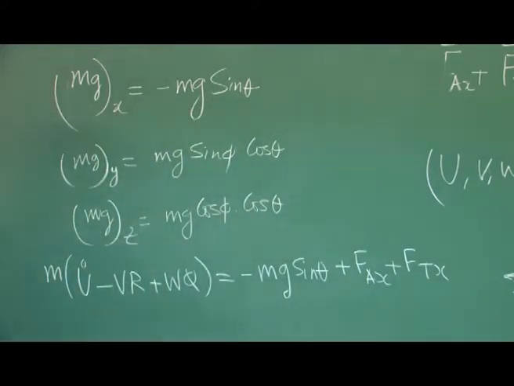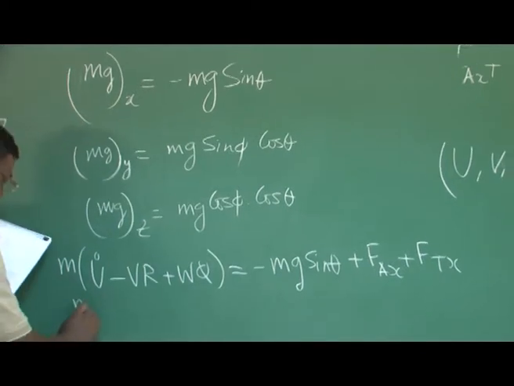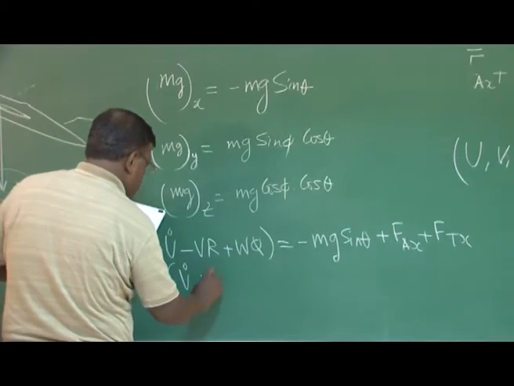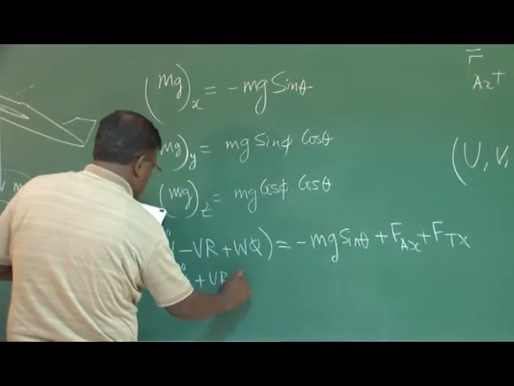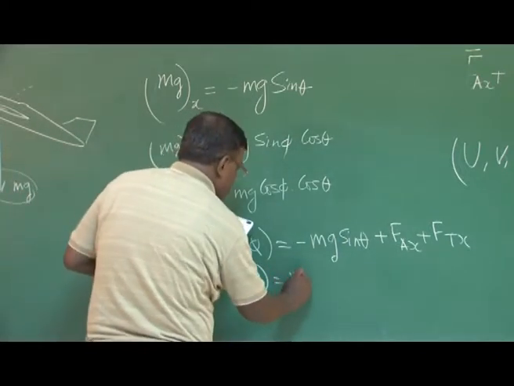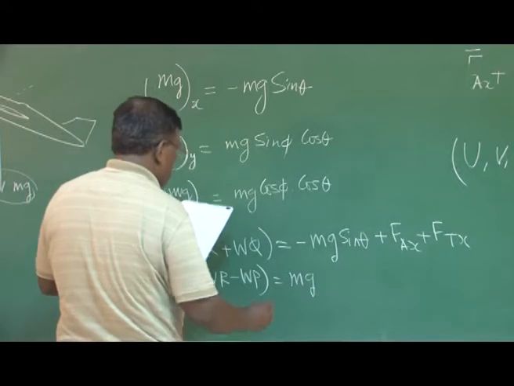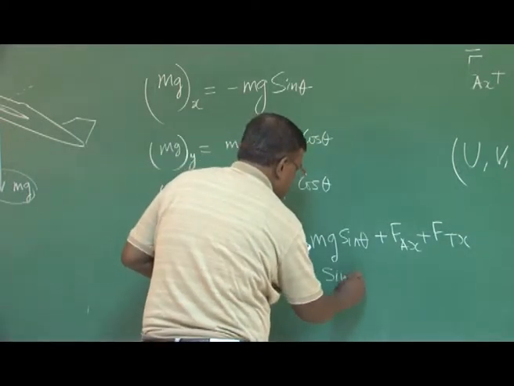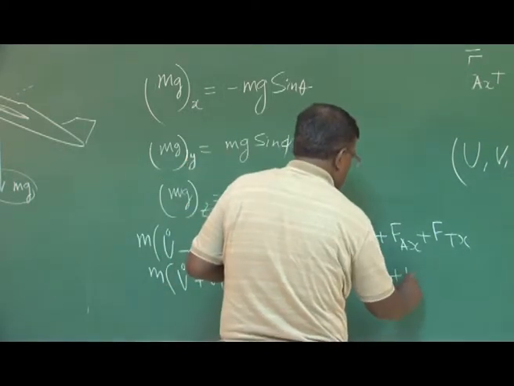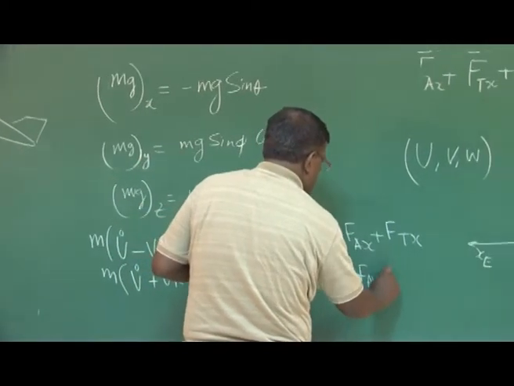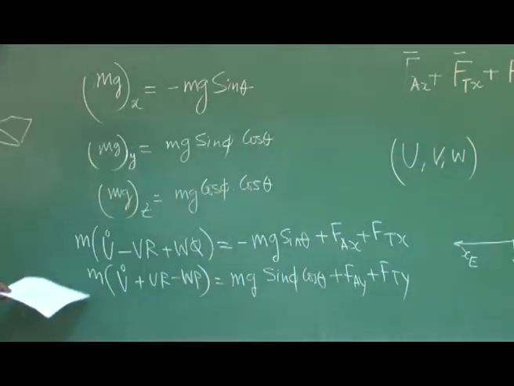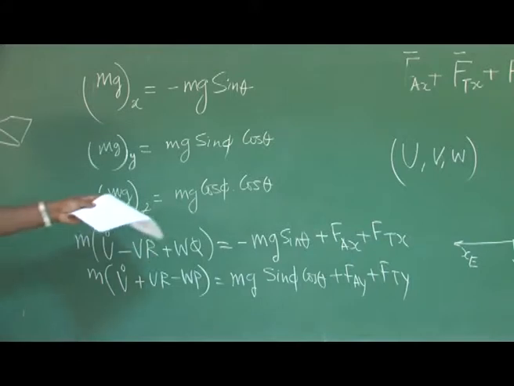Similarly, for other equation also I can write m v dot plus ur minus Wp equal to mg sine phi cos theta plus F ay plus F ty, and other you can easily write using this term.